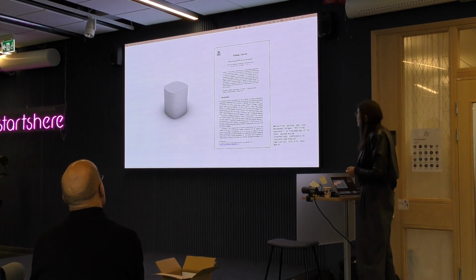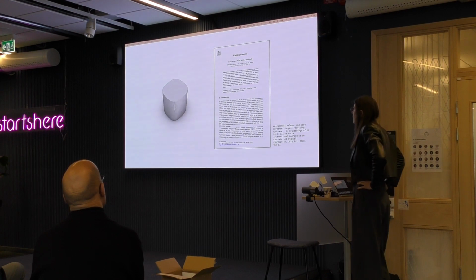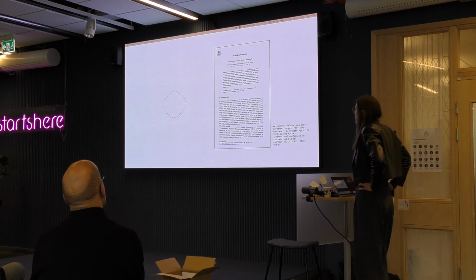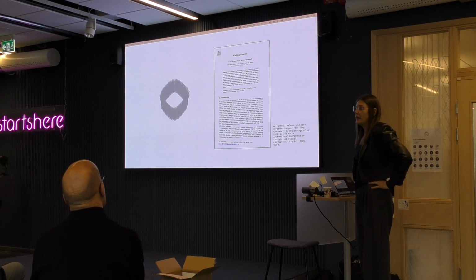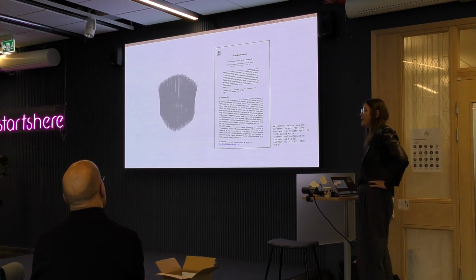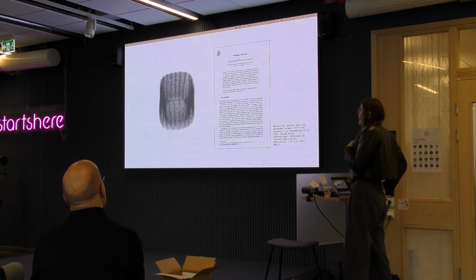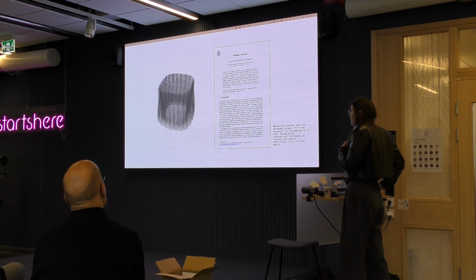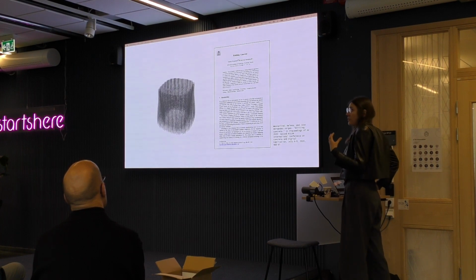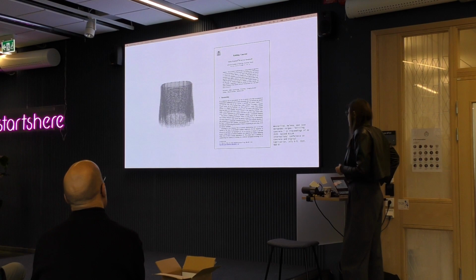This is a video that shows the process, where this tool is integrated in a Rhino environment. So as a designer, I can take decisions about the print path directly in a very early stage of the design.